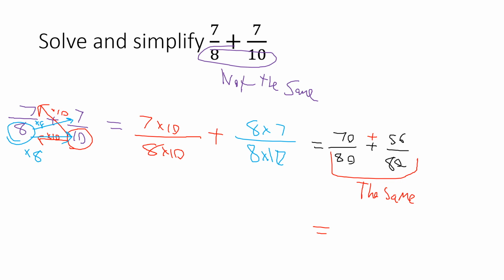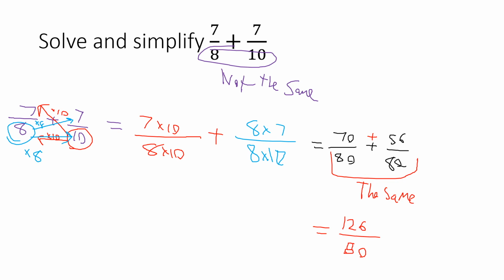So what's 70 plus 56? 70 plus 56 is 126. So our final answer is 126 over 80.